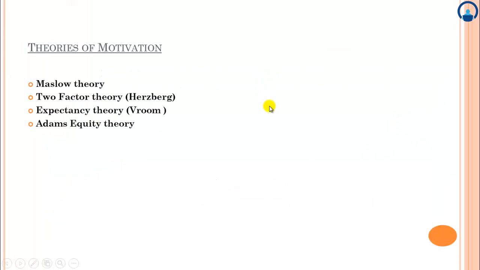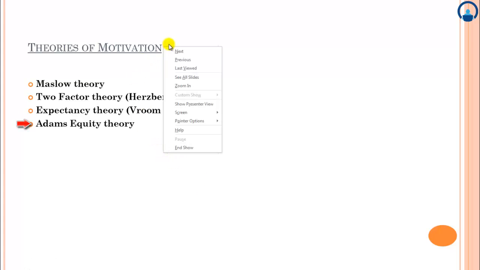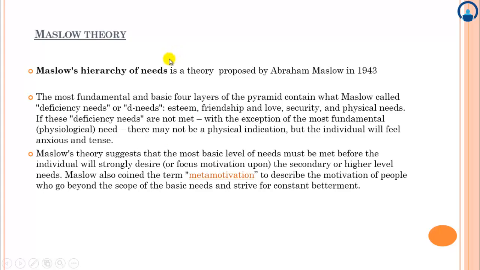Now we'll be discussing the theories of motivation. We'll be seeing Maslow's theory, Herzberg's two-factor theory, Victor Vroom's expectancy theory, and Adams' equity theory. First, let's talk about Maslow's hierarchy of needs.